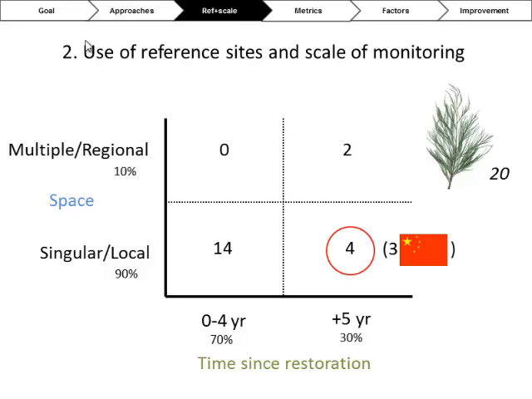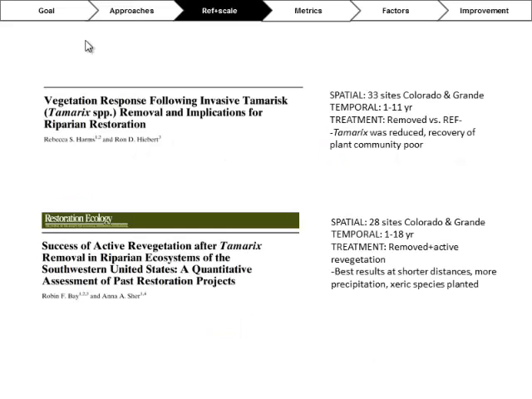Of these 4 projects that have been assessed at a local scale, 3 of them are in the native environment in China, so there is information about only 1 in the context of Tamarix as an exotic species. And we have these 2 that I'm sure many of you know about.